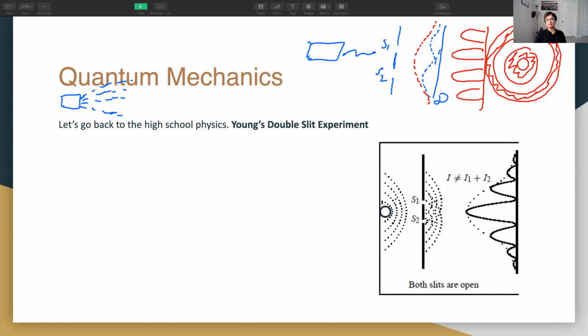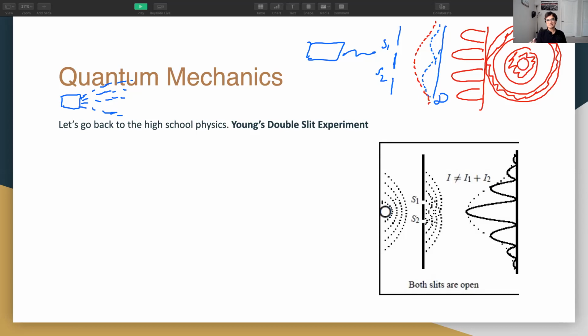For me, it looks like the photons are somehow aware of whether the second slit is open or not, and it behaves like there are two of them instead of just one photon. So how can we justify a situation where they are behaving like two photons instead of one?